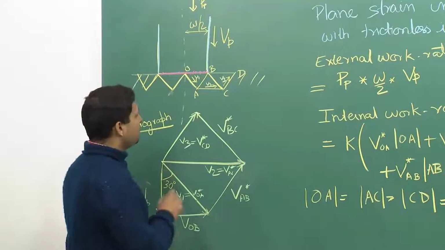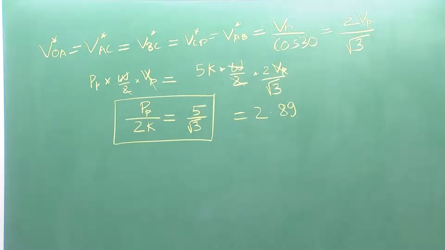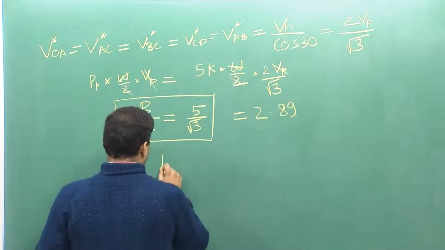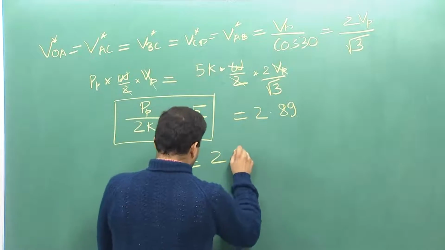So, if you vary these things, it has been shown that the lowest value that you will get will be equal to 2.57.